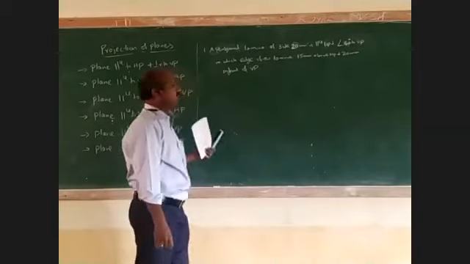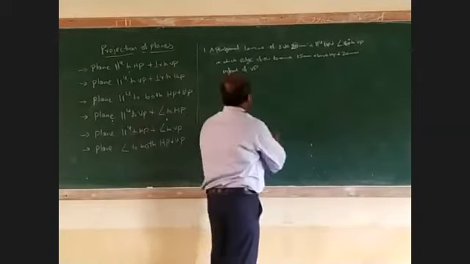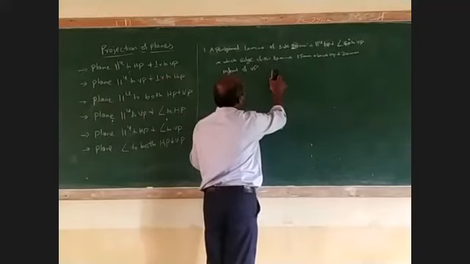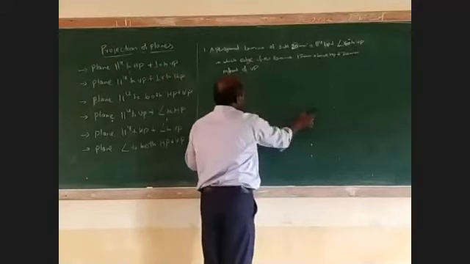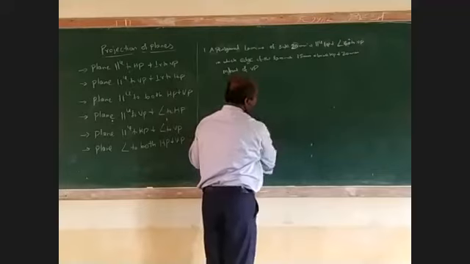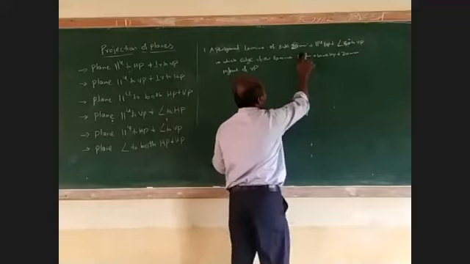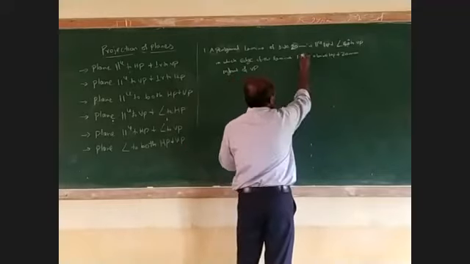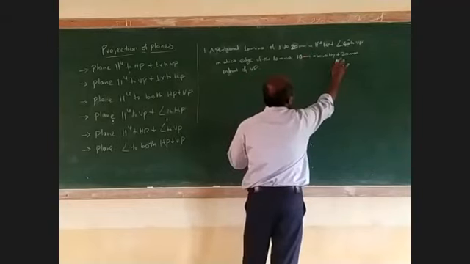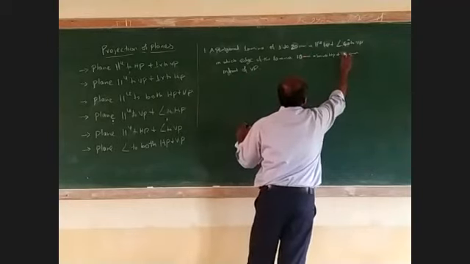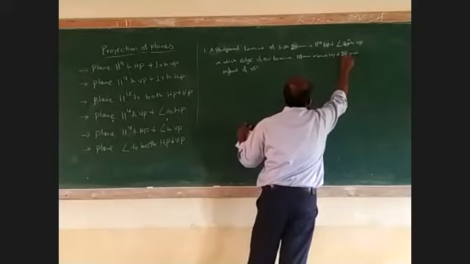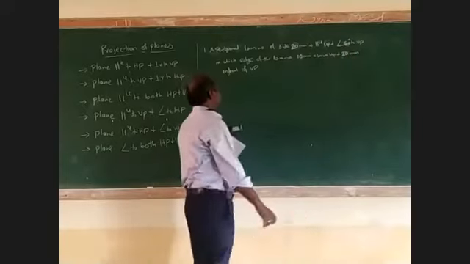Inclined 40 degree to VP, in which the edge of the lamina is 10 mm above HP and 20 mm in front of VP. Okay, no problem.